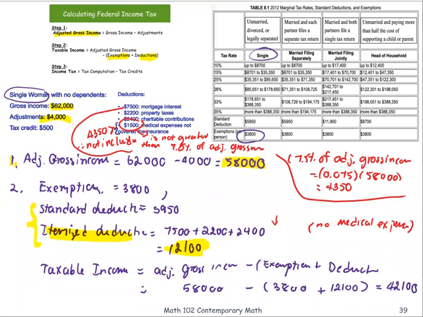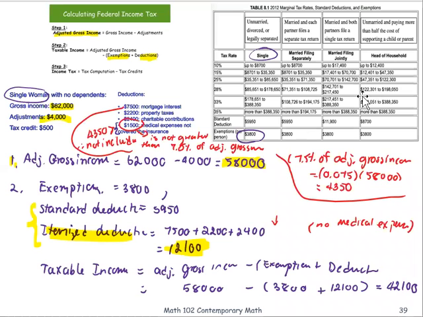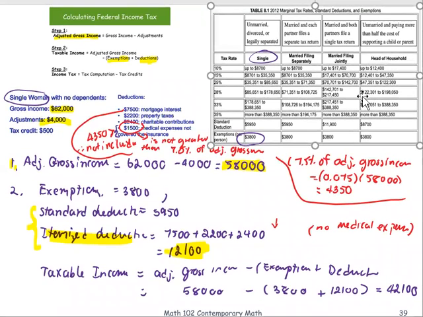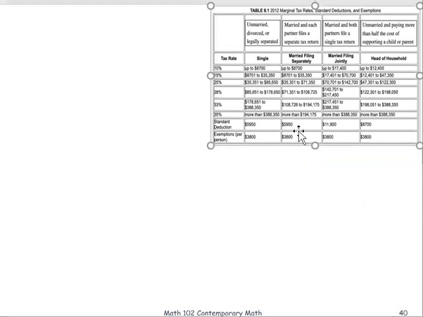Next, we're going to compute the income tax. So let's add another slide to give more room, and then use the table that we're going to need for the last part of the calculation here.